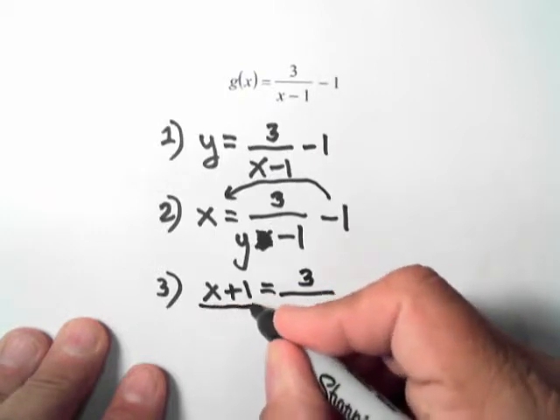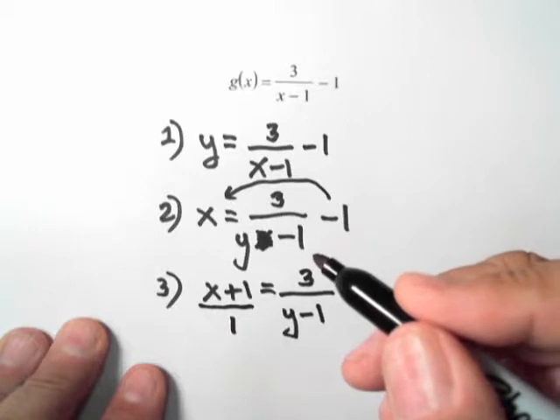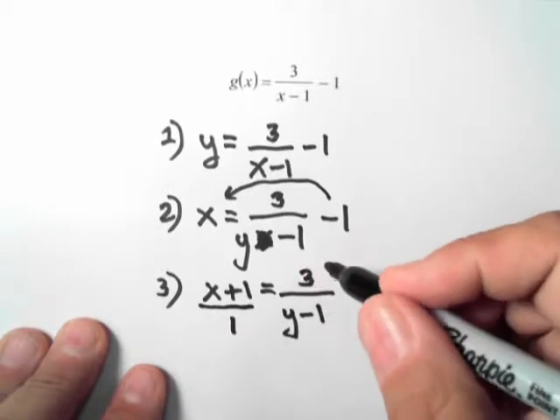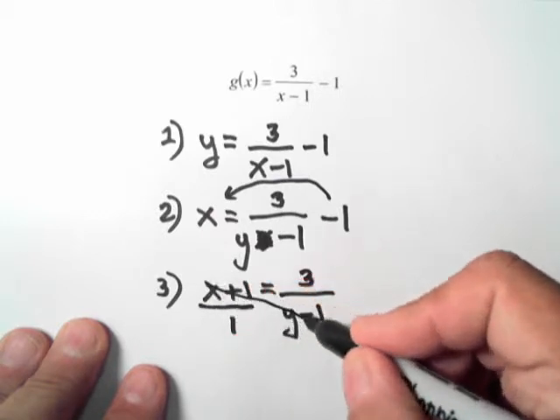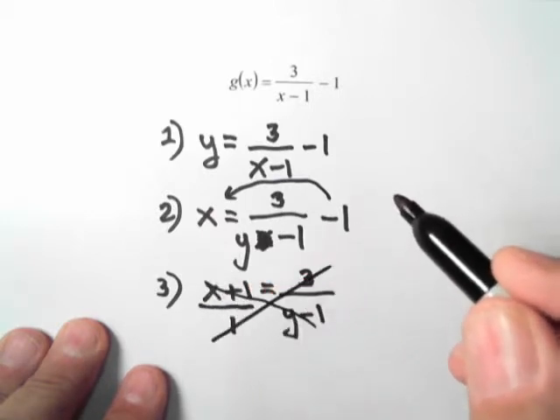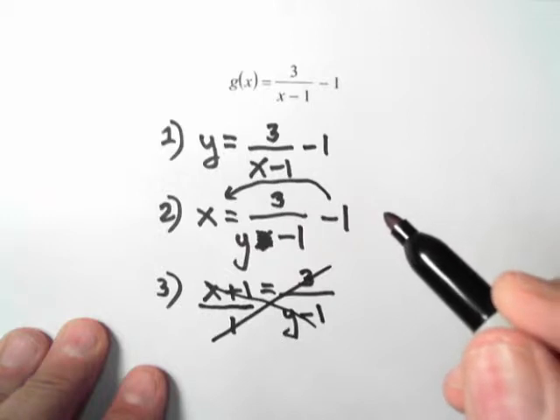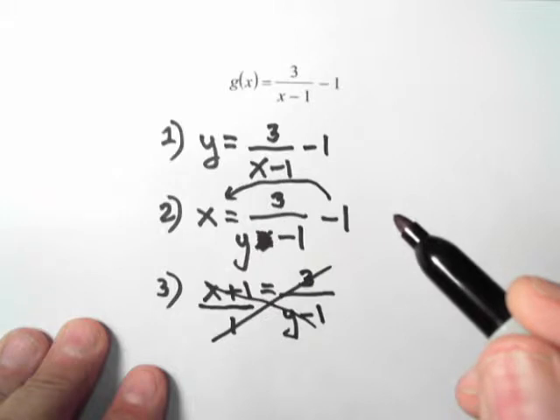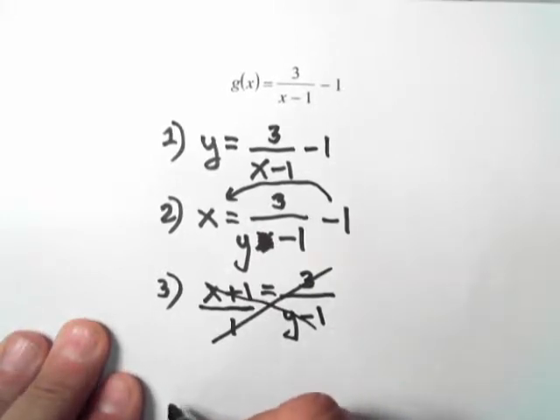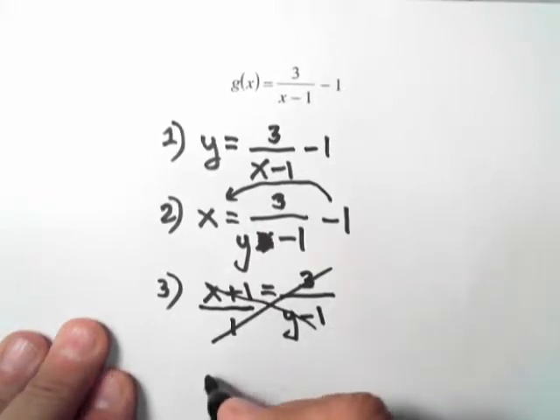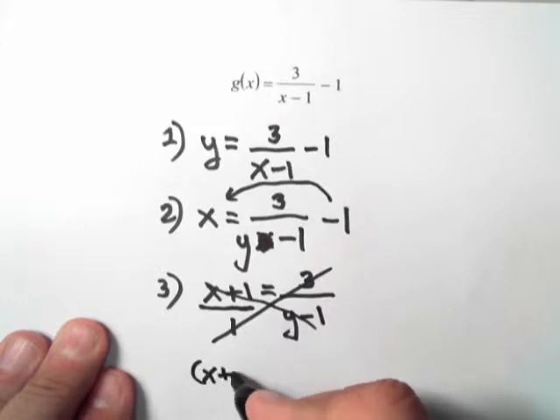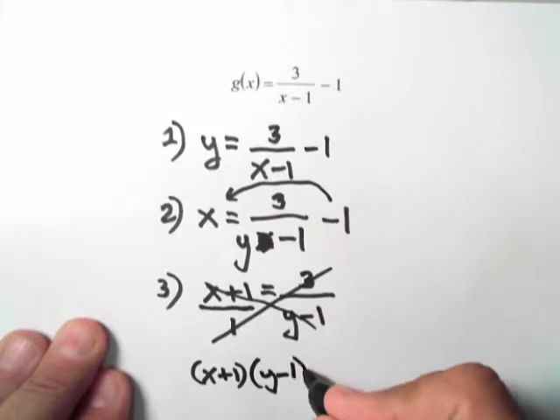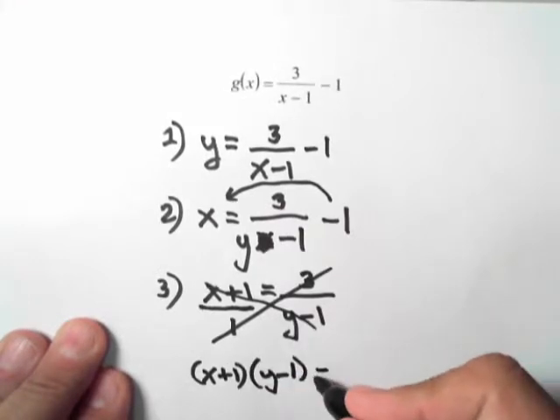Well, if I make a single fraction out of this, I can turn around now and cross multiply these guys and come up with a solution for this. So let's see what we got here. Okay, we're going to have x plus 1 times y minus 1 equals 3.